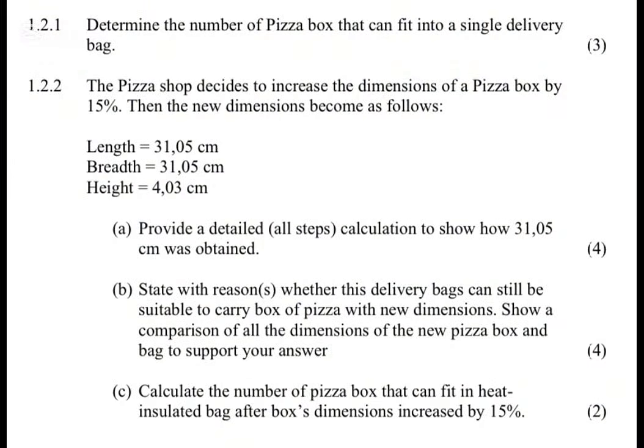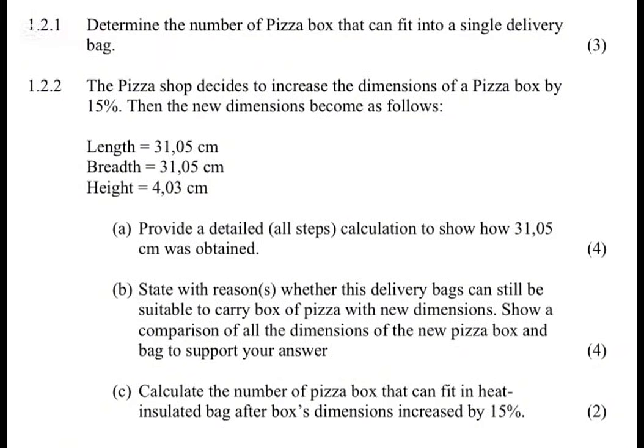B. State with reasons whether this delivery bag can still be suitable to carry box of pizza with new dimensions. Show a comparison of all the dimensions of the new pizza box and a bag to support your answer. Okay.